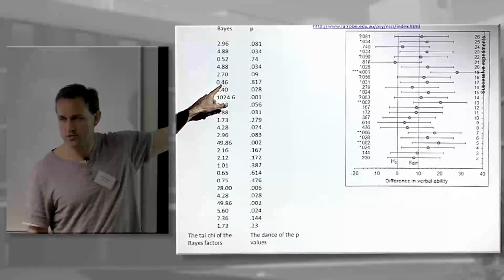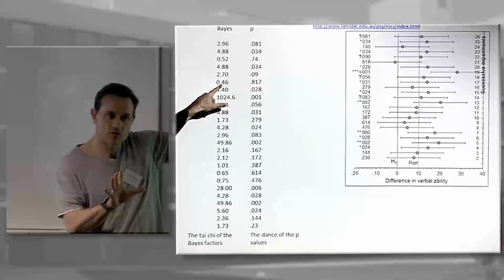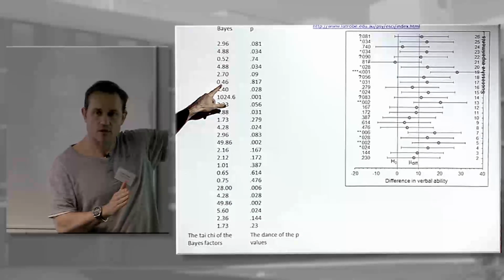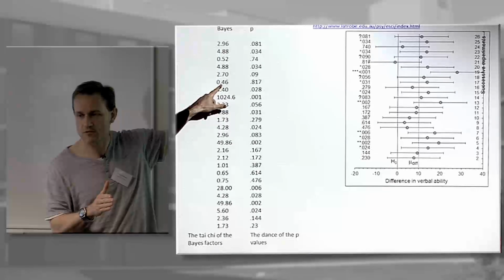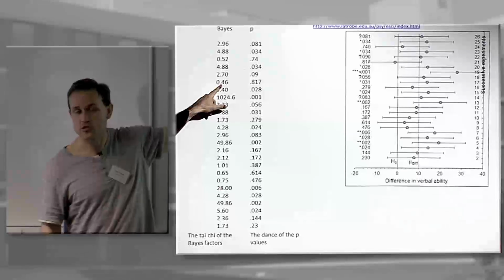So now what does 0.46 mean? That is some evidence for H0, but it's above a third. It was above our conventional cutoff. So you'd treat this as insensitive. Right? You'd say we need more data.